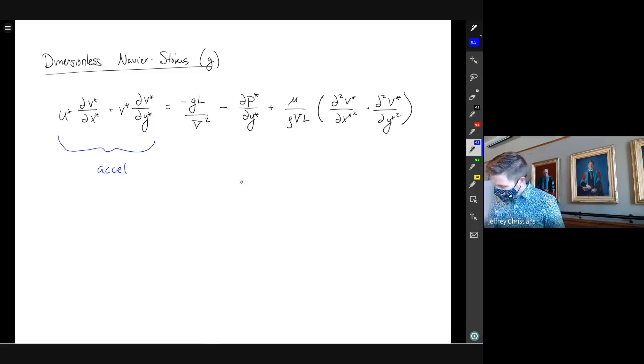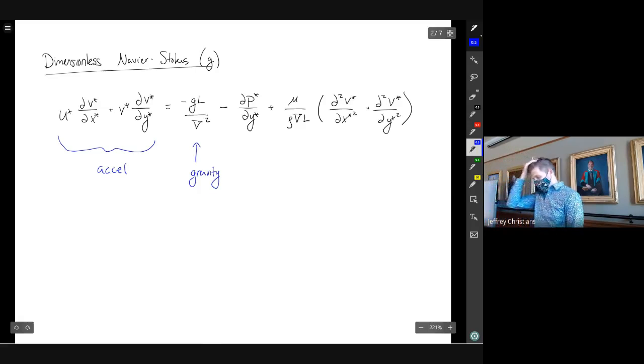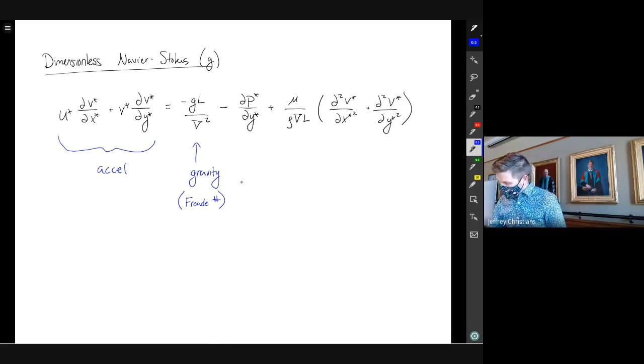So this is like a non-dimensional gravity. We call this the Froude number. This is a non-dimensional pressure.